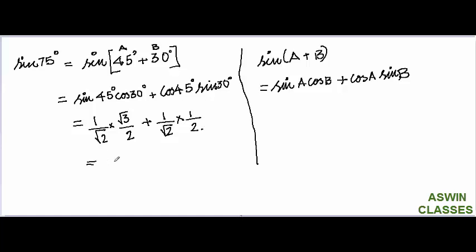So this is actually root 3 by 2 root 2 plus 1 by 2 root 2. So the answer is (root 3 plus 1) divided by 2 root 2. Clear?